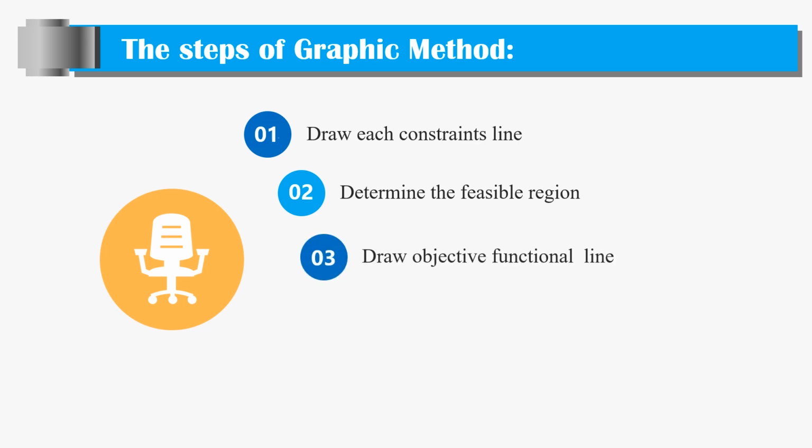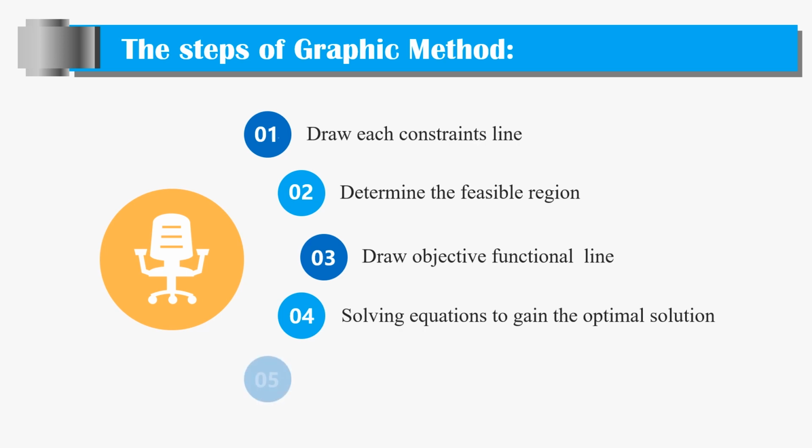Step 3, draw the objective function line. Draw any objective function line. We set J to any number. Step 4, solve the equations to get the optimal solution. Step 5, determine the optimum objective value. These are the steps of the graphical method.